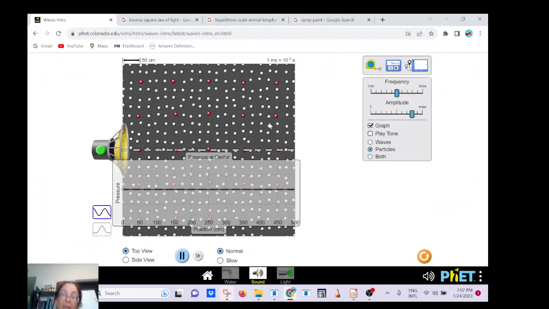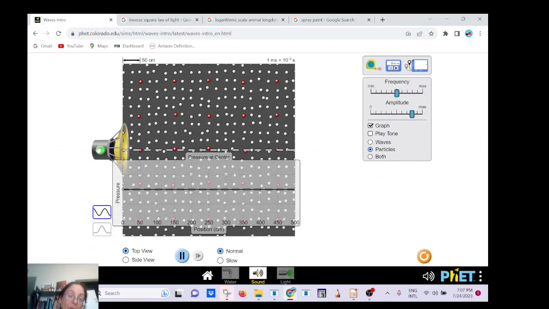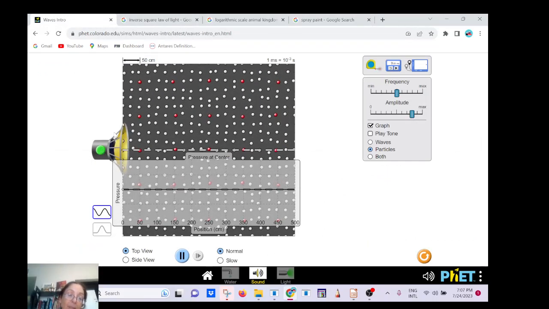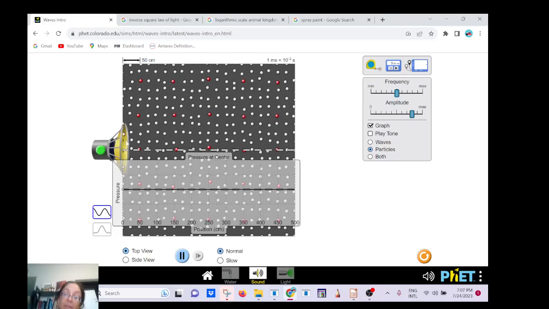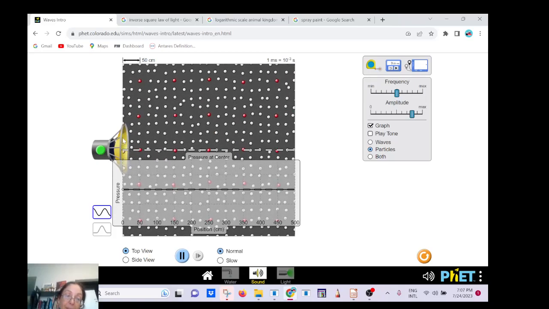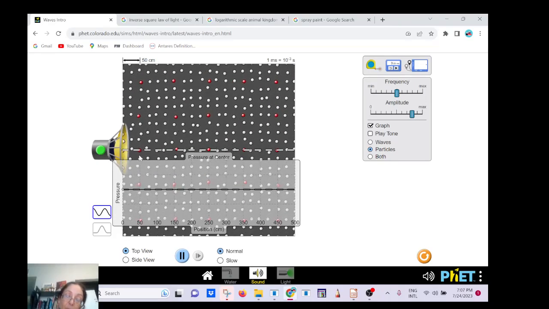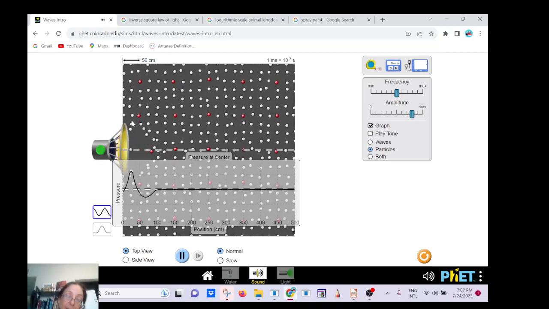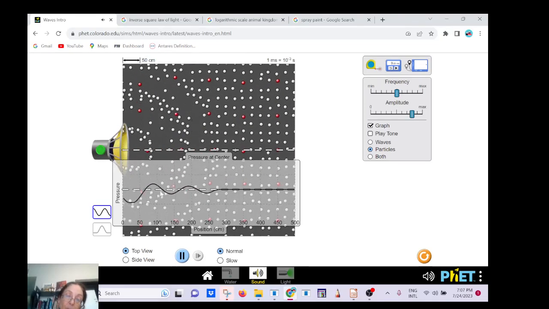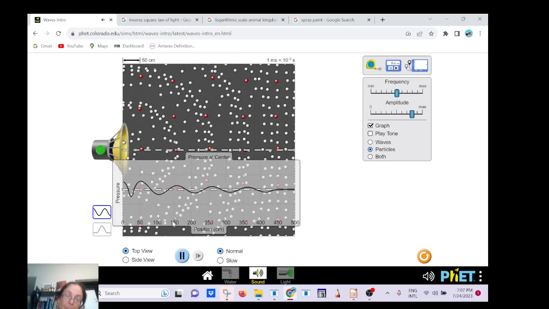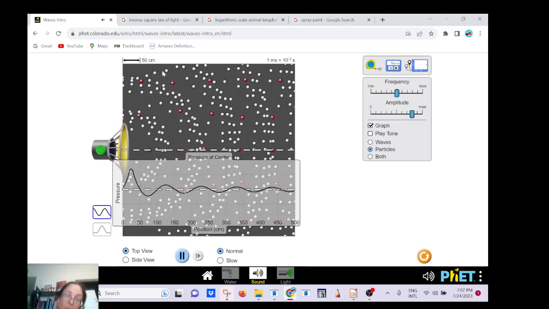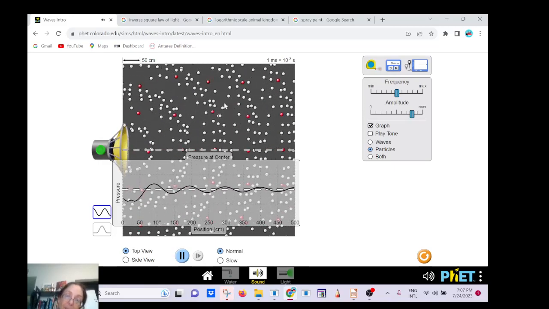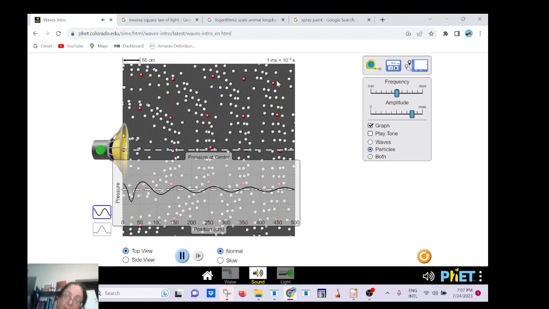You have all those air molecules. You have a speaker, maybe it's 8 watts, so you have a given amount of energy that is produced per second. That energy is going to flow away from the source here. It should go in almost 3 dimensions, but you don't see it here.